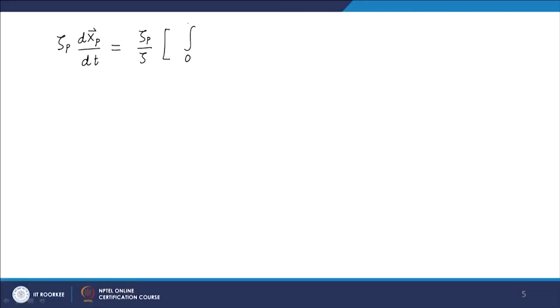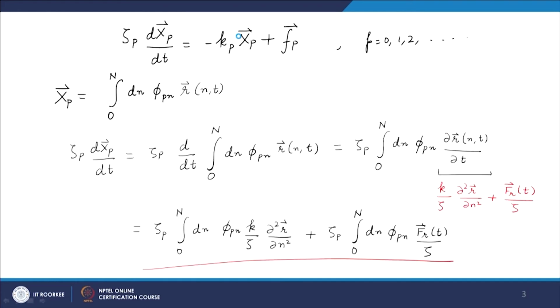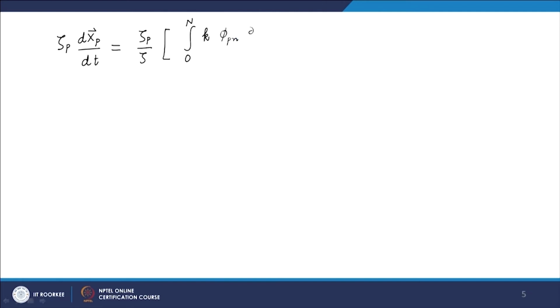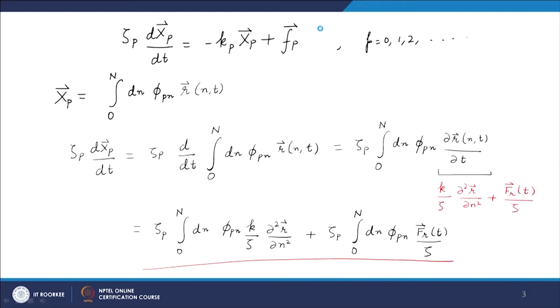So, the first integration becomes the integral from 0 to n of k phi_p(n) ∂²r/∂n² dn, and the second term here is as it is.